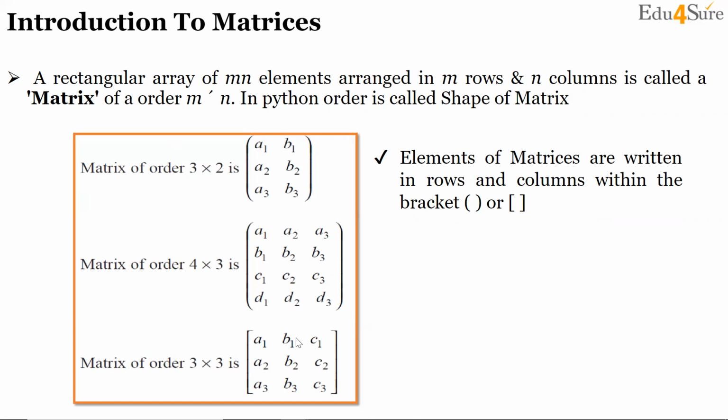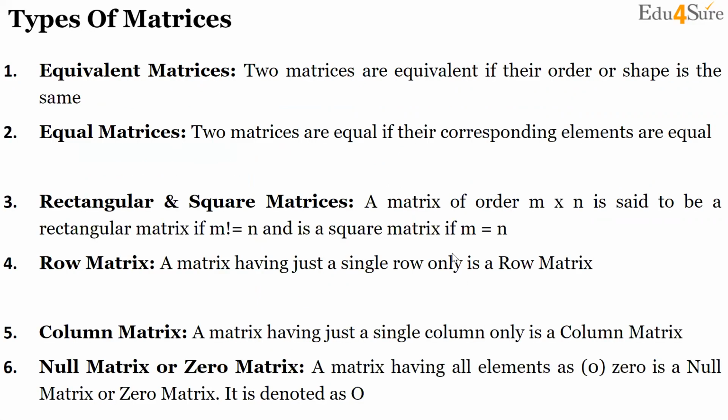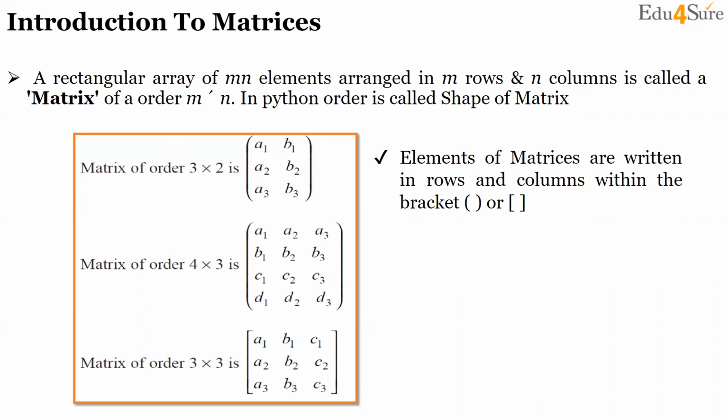Arranged in m cross n fashion means arranged in the form of m number of rows. So m rows and n columns will give you the total elements m into n.